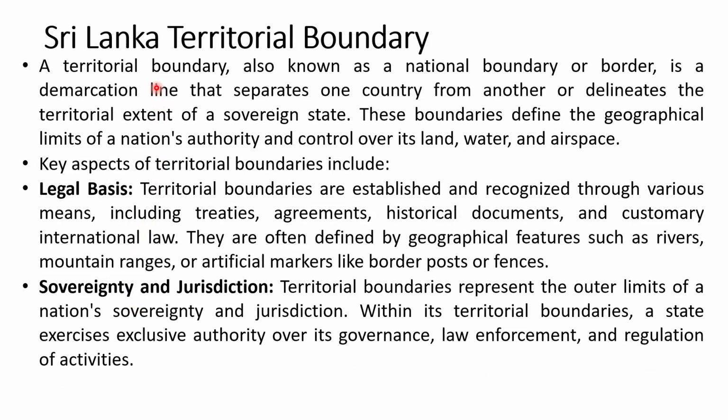Now we learn about the zones. What do you mean by the territorial boundary? Here, a territorial boundary, also known as the national boundary or border, is a demarcation line that separates one country from another or delineates the territorial extent of a sovereign state.